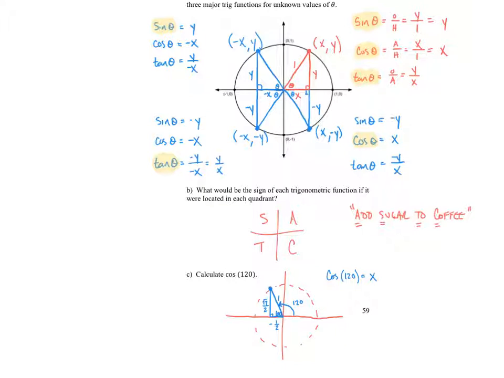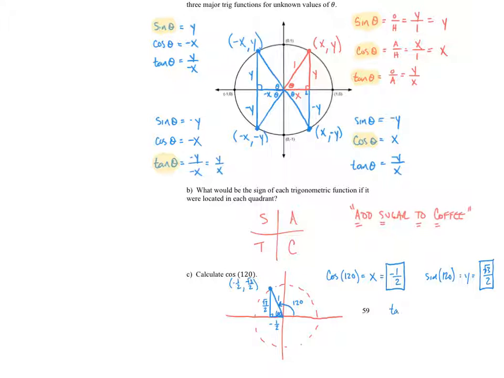So what are the coordinates of that point? Well, that would be the coordinates negative 1/2, radical 3 over 2. So cosine of 120 is negative 1/2. And if I wanted to find sine of 120, from that same angle, all I would need would be the y-coordinate. The y-coordinate is radical 3 over 2. So sine of 120 would be radical 3 over 2.